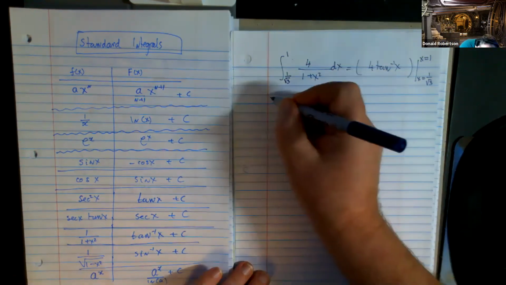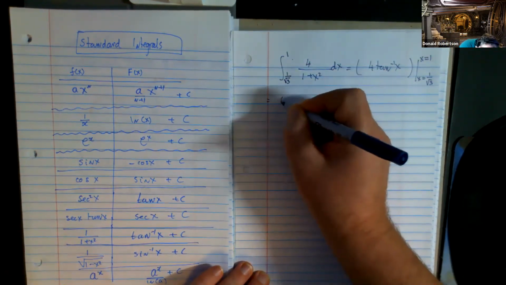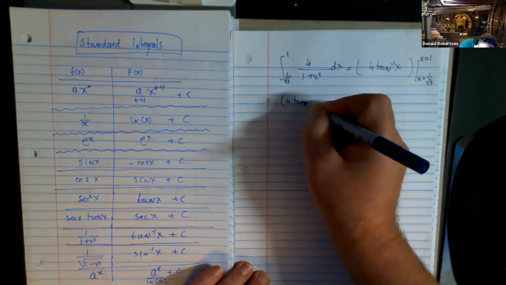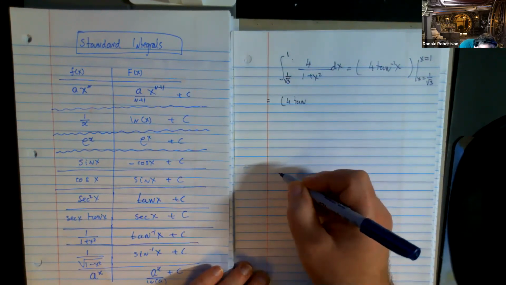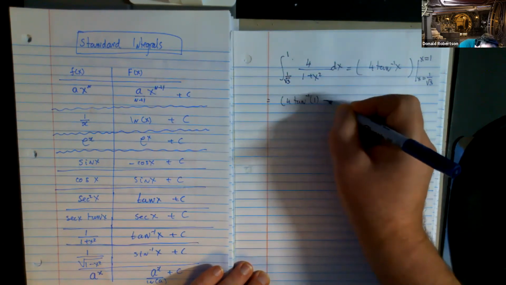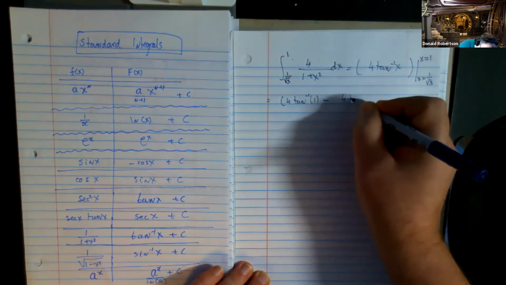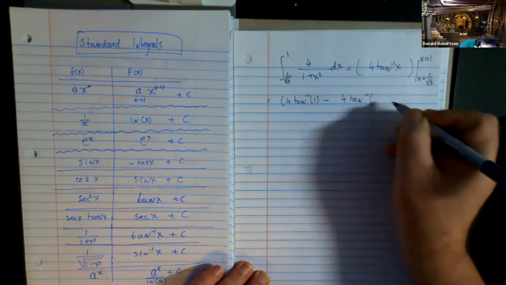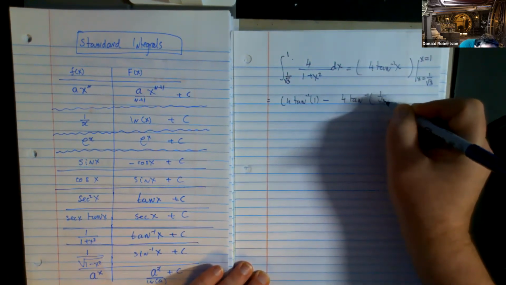The second one is when you start putting in the numbers. We need to find out the exact value of that.